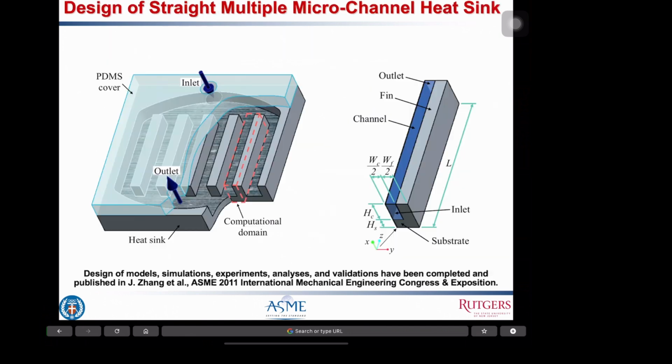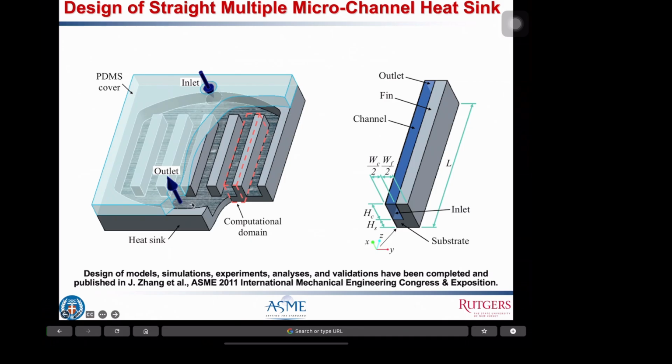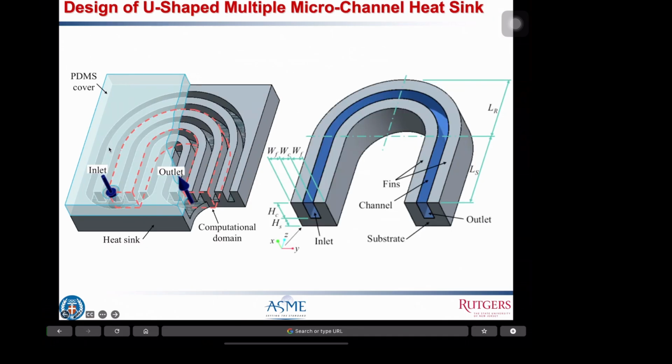Okay, it was a heat sink microfluidic system, inlet, outlet, and we're trying to design proper size for the microchannel with different design parameters. Okay, and this is a U shape. This was a straight channel, U-shaped channel.